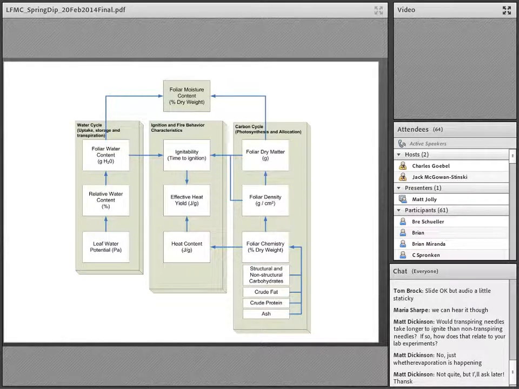On the right side, what we know is that the foliar dry matter is primarily driven by these density changes, and the density changes are mostly affected by the foliar chemistry. And all of those things are directly driven by photosynthesis and allocation.